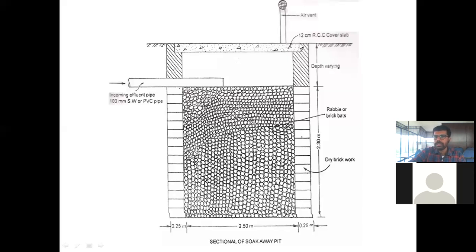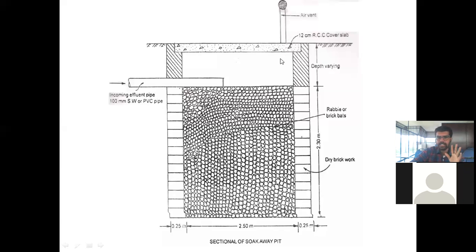This is a 12 centimeter thick RCC cover slab, or reinforced concrete cover slab, and this depth may vary according to the invert level, according to the slope of this pipe. From the ground level this depth can vary. If the slope is more, this depth will increase. There should be a 0.25 meter or 250 mm thickness of the brick, normally that much thick.